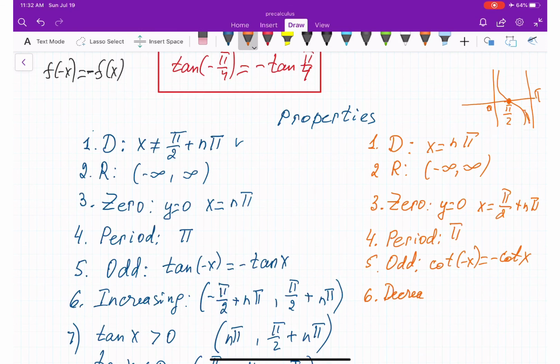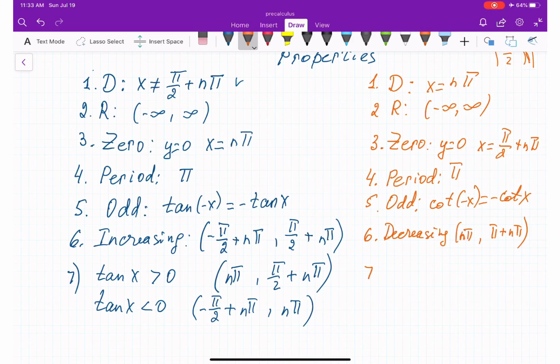So it's decreasing from 0 to pi, correct? Which means if you go by period, n times pi. Okay, we got n pi and pi plus n pi.